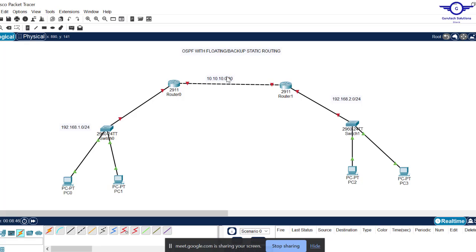With /30 notation, the first IP address here will be 10.10.10.1, then the second one will be 10.10.10.2, and .3 will be the broadcast. There are only 2 usable IP addresses. Okay, so I'll do it very fast.